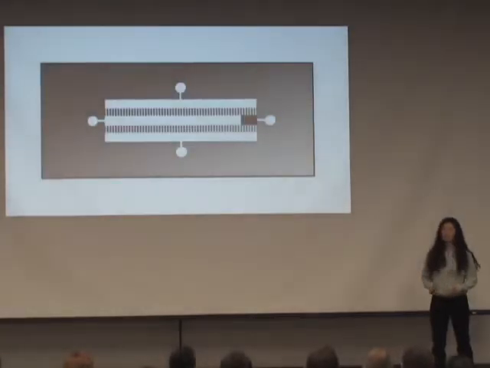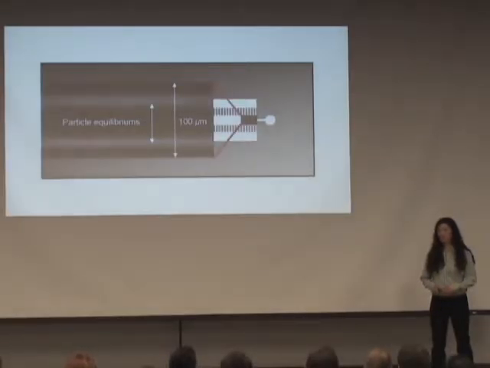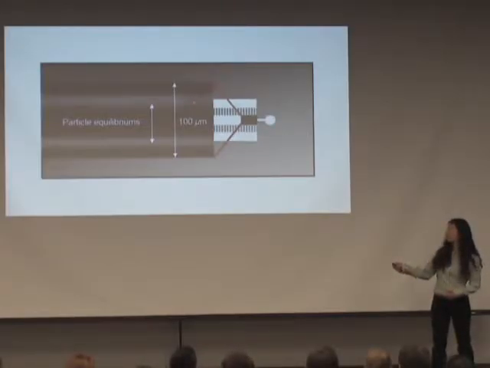I'm looking at the end of the permeate channels, and I'm using fluorescence microscopy to take long exposure images of my particles. This gives me a look at the probability of the particle's location. The white streaks that you see are where the particles are most dense, the particle equilibriums.